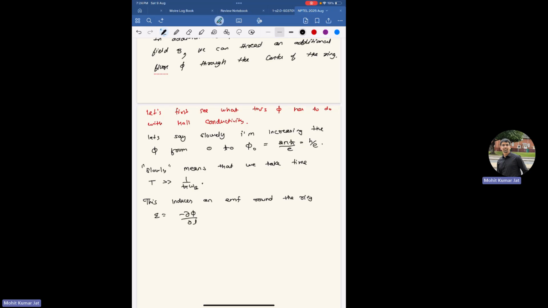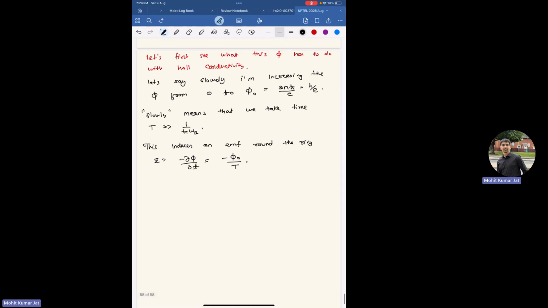The EMF will be the rate of change of flux with time, and this will be minus phi naught by this capital T. And now let's suppose that we can argue that n electrons are transferred from the outer to the inner circle in this time.